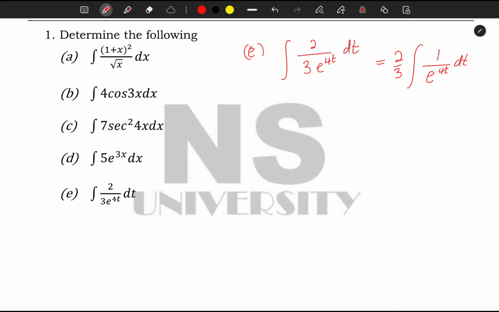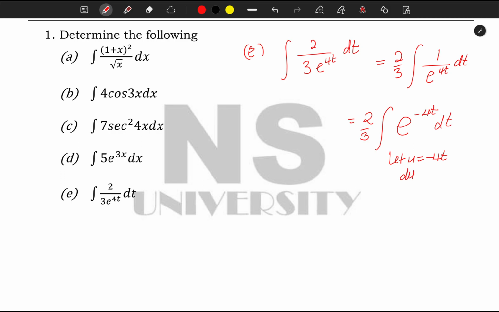But we can reciprocate this. If you recall from your basic mathematics, this is just the inverse, a negative power. So we get 2 over 3, the integral of e to the power negative 4t dt.